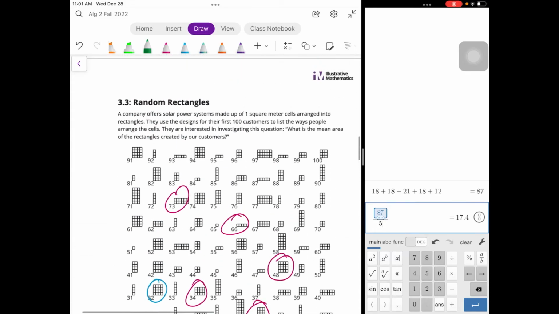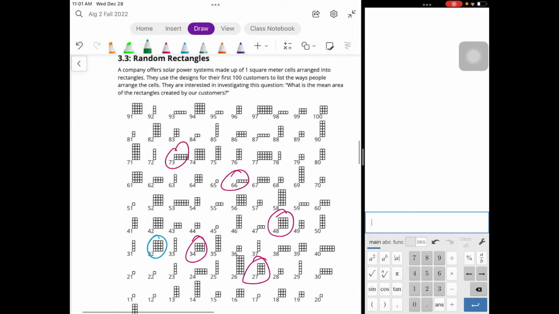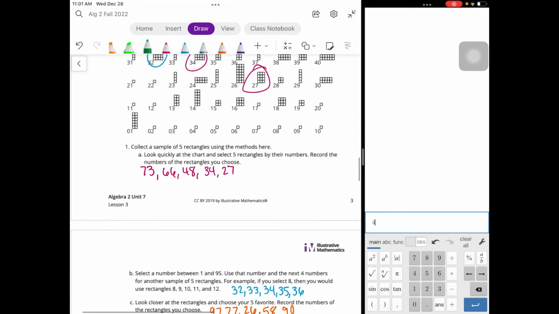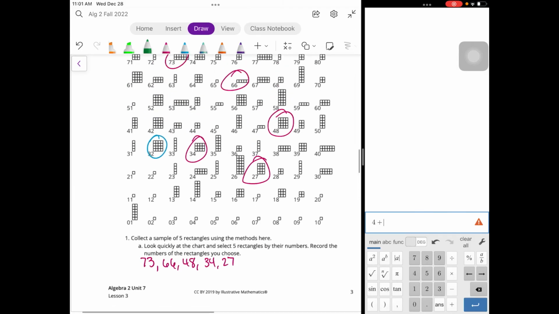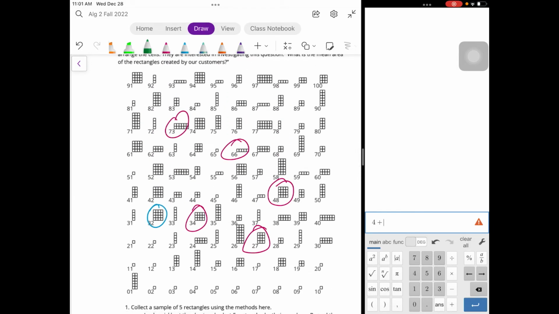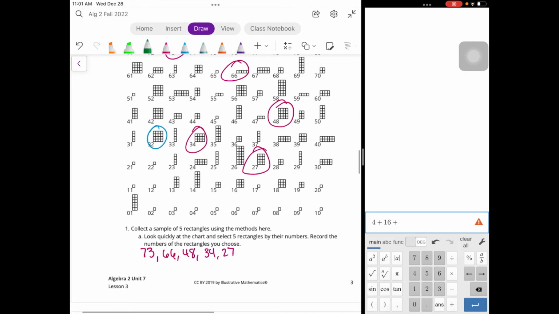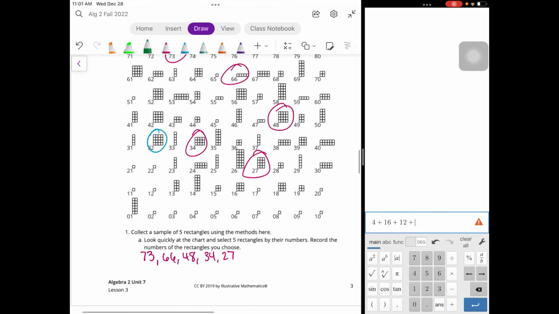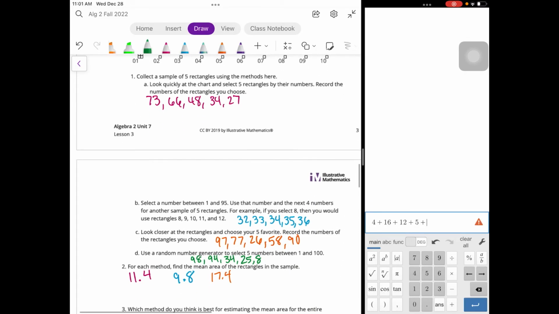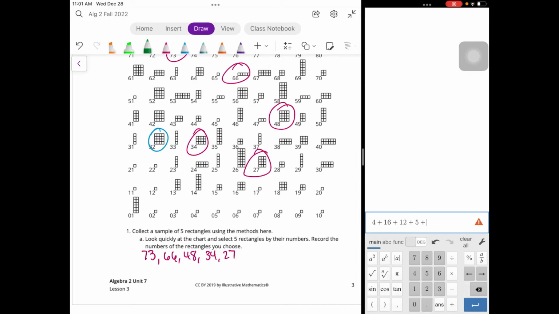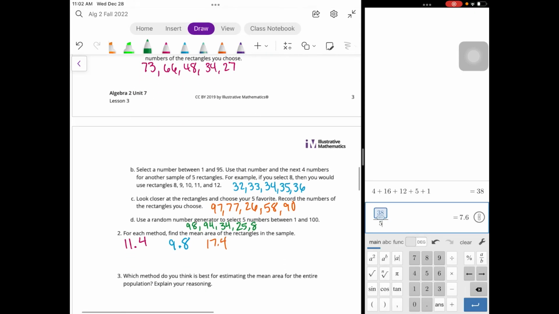So 98 had 4. 94 has, it's a 4x4, so 16. 34 has 12, because it's a 3x4. 25 has 5, and 8 has 1. And then we're going to divide that answer by 5, and we get 7.6.